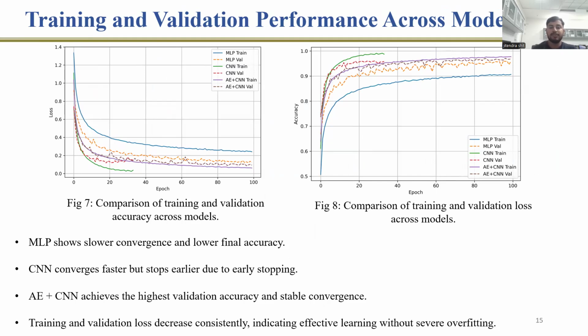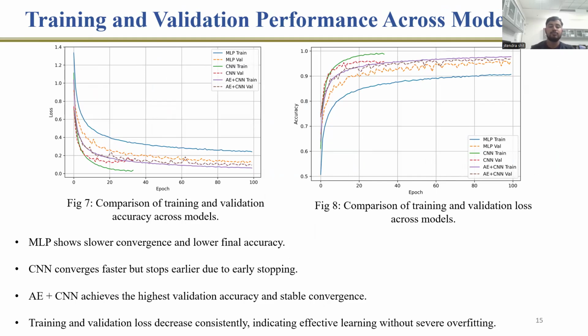And now I'll talk about the training and validation performance across different models. In these two figures, we have plotted all three models. The first one is the comparison of accuracy of the three models, and the second figure is the comparison of loss across all models.